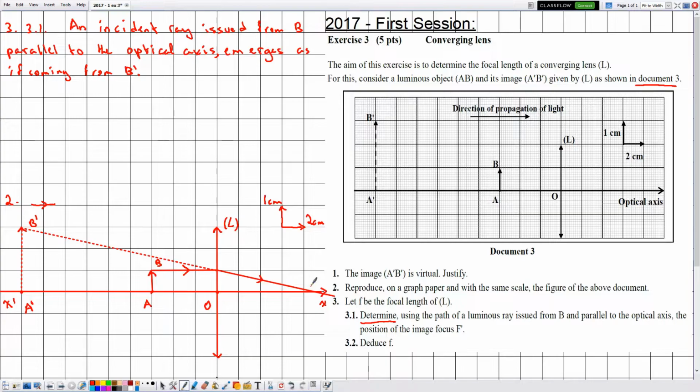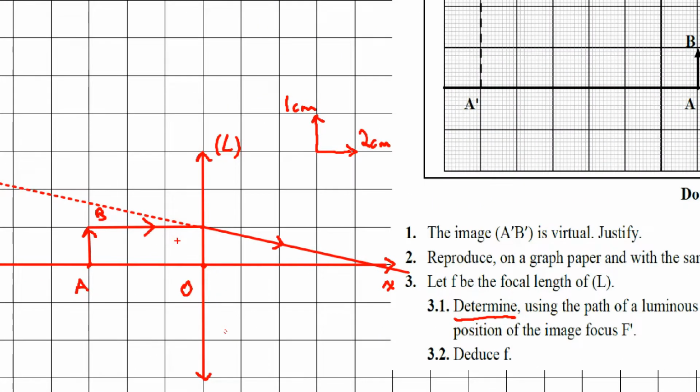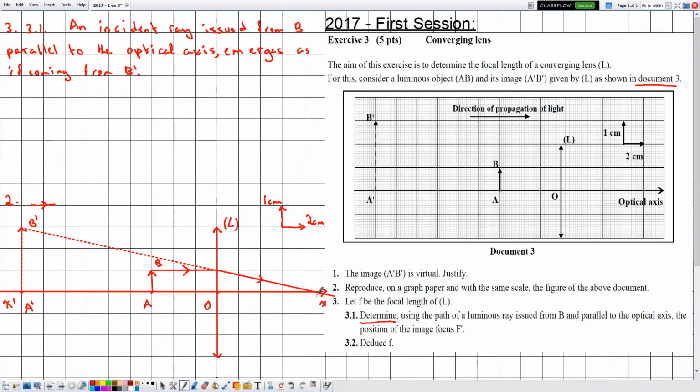Okay, so now we need to determine the position of the image focus. Because an incident parallel ray is related to the image focus, the intersection of the emergent ray with the optical axis is the image focus f prime. Okay, so this is f prime. Now this is the tracing of f prime, and because they told me determine, we need to justify the tracing of f prime.